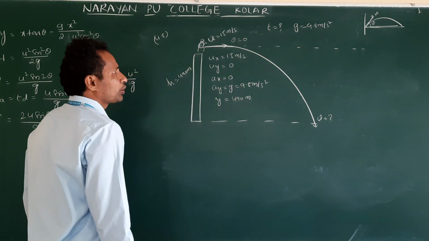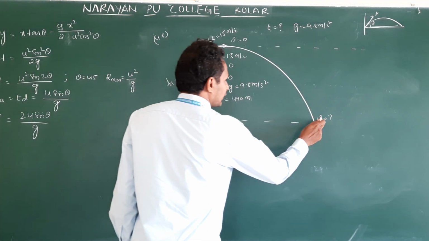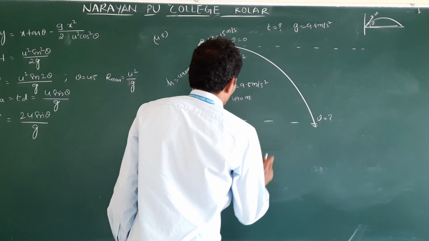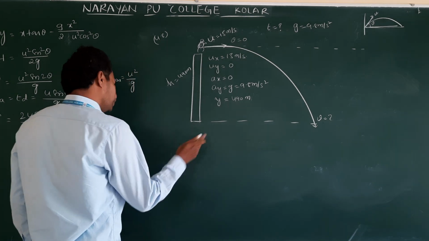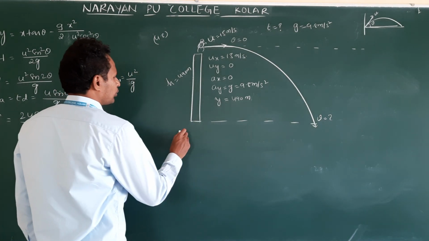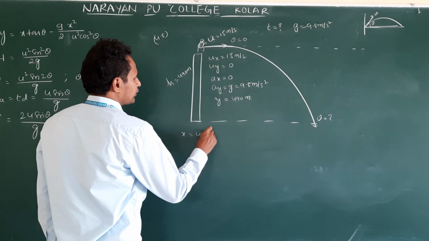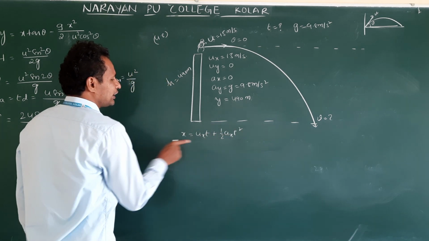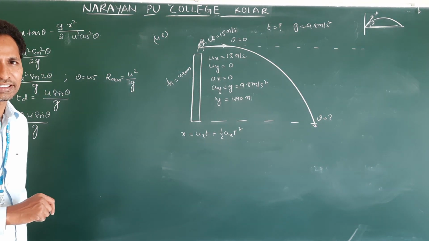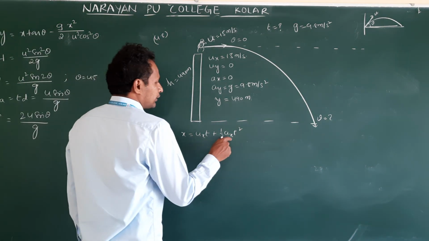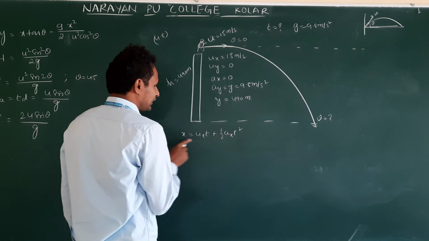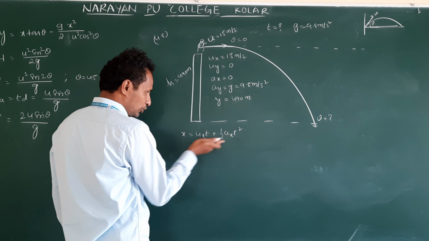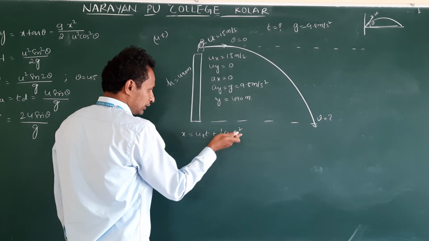Now which equation is suitable to find t and v? We have the 6 equations. So x is equal to uxt plus half ax t square. Suppose we select this equation. Do we have the values to substitute in it?